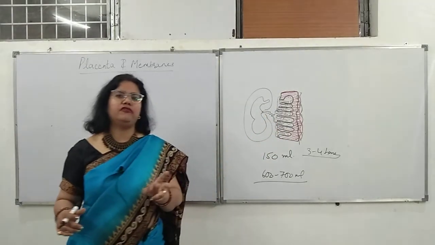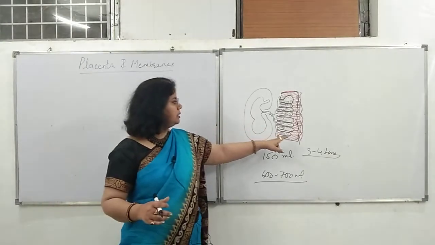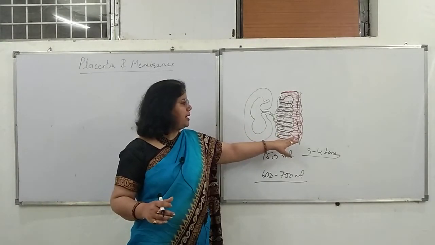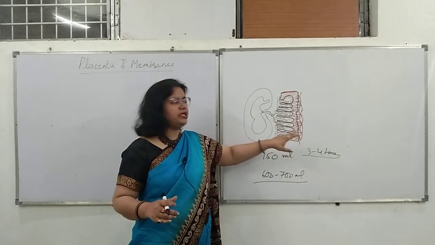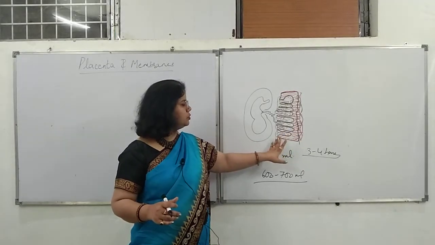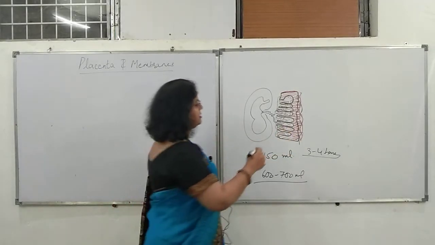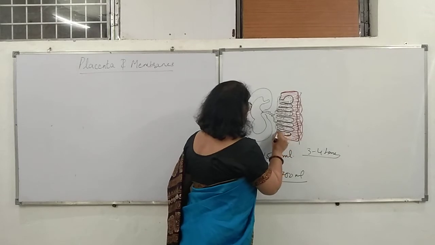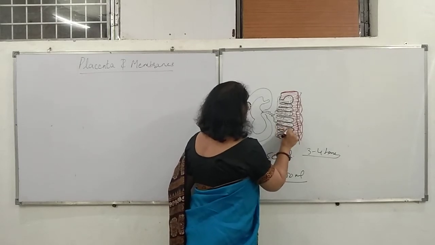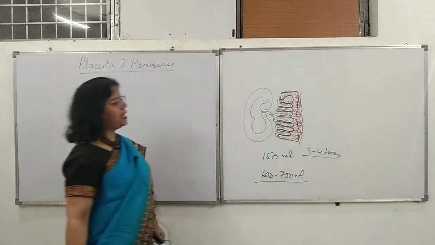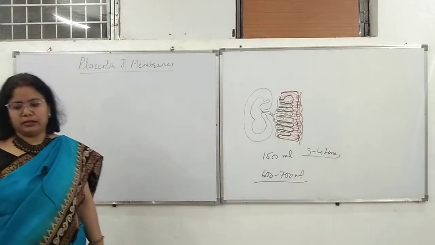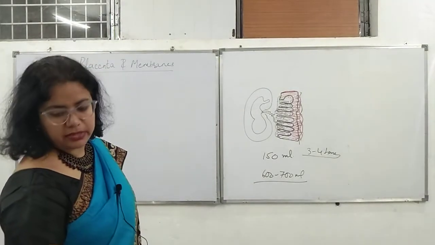Only these two things are of maternal origin. So it is a low pressure system, and coagulation has to be inhibited at this place. As it is lined by trophoblastic tissue, it has anticoagulation properties.